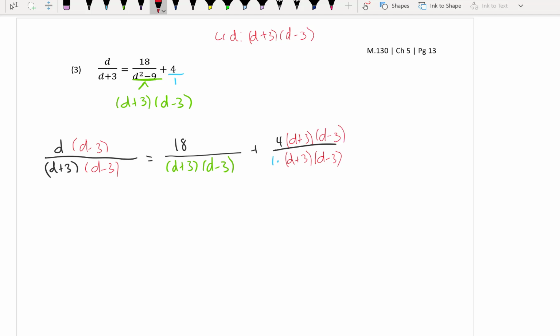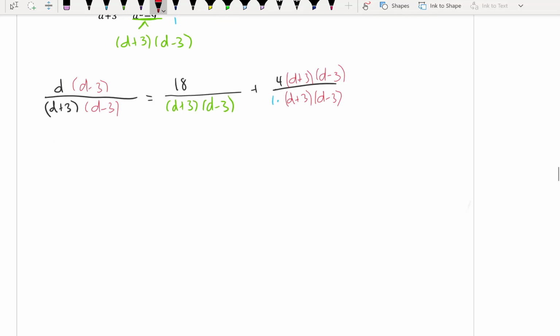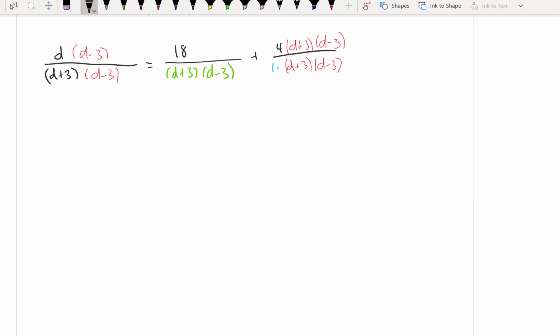So now, because all of my denominators are now the same, I'm only going to focus on my numerators. So I'm going to distribute to give me d squared minus 3d is equal to 18 plus 4.